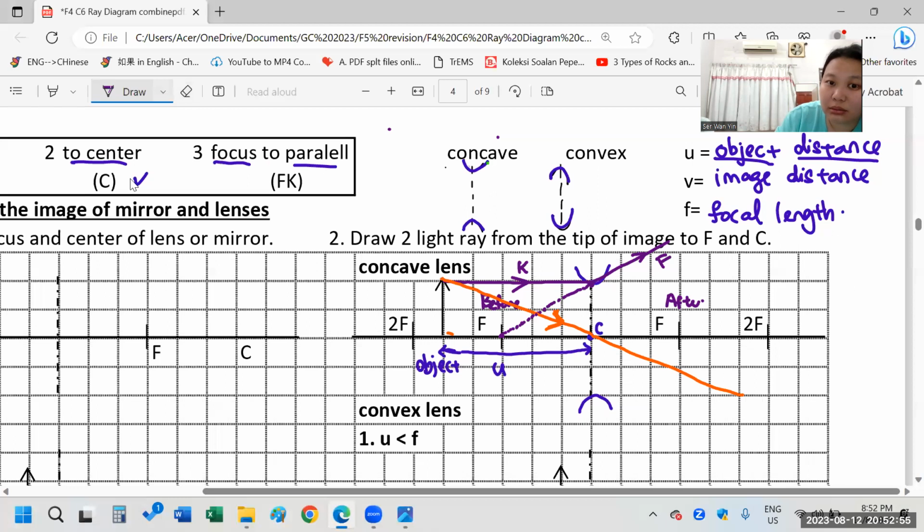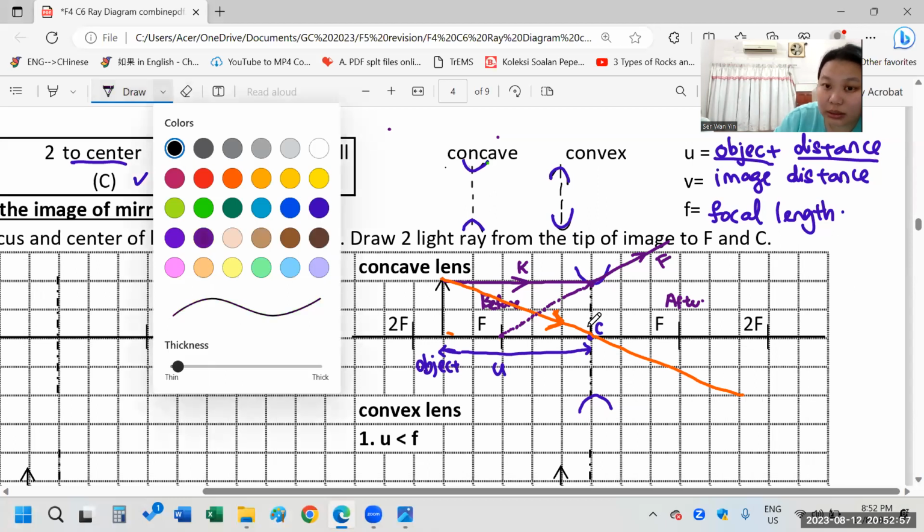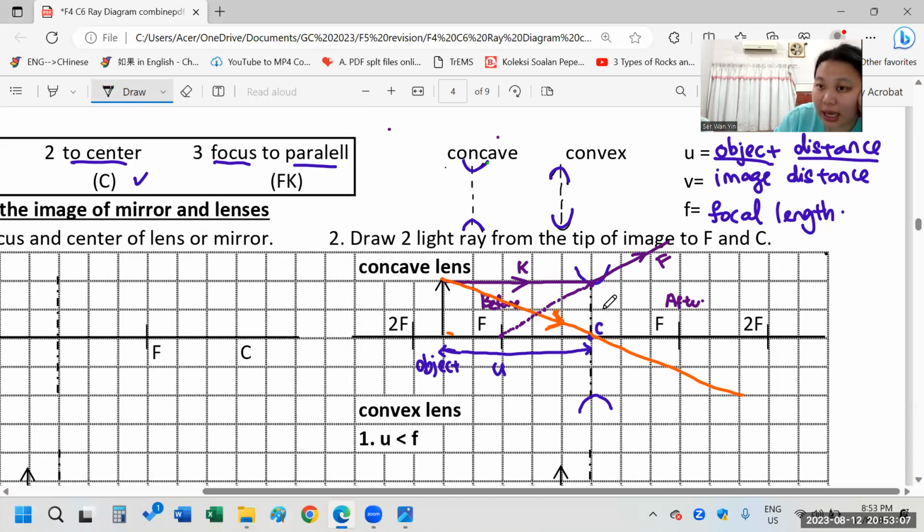Okay, so now where is the image? The image is here, the intersection of the purple line and the orange line, meaning the intersection of KF and C here.